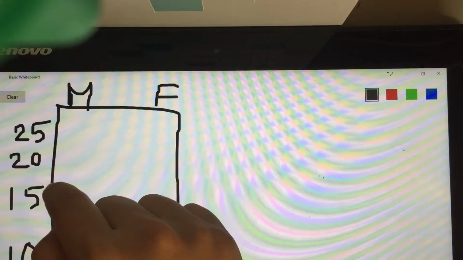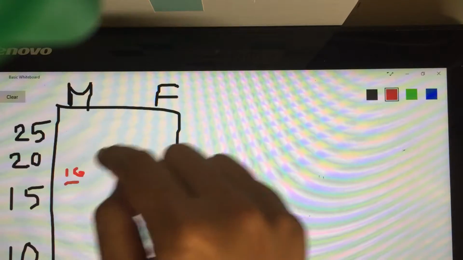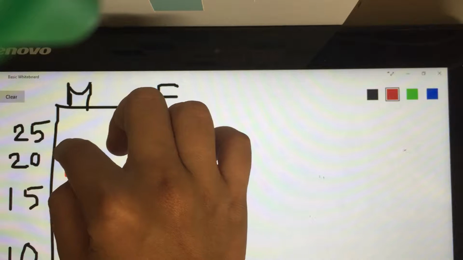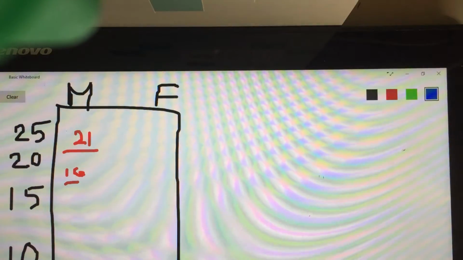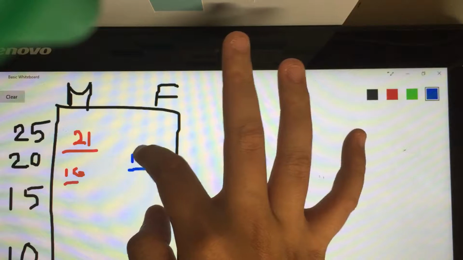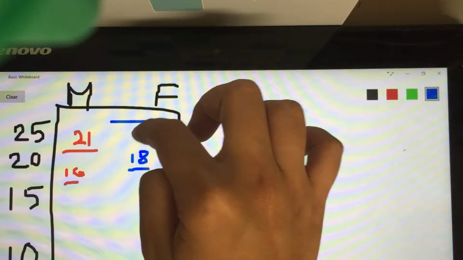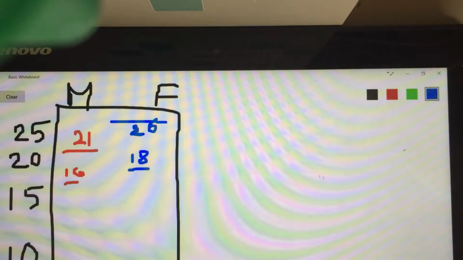So 16 would be, so mom, I would use red, it would be right here, the fragments for 16, and the fragment for 21 would be right here, 21 repeat will be right here. And for dad, he has one chromosome that have 18 repeats, so this one 18, and the other one is 26 right here, 26 fragments right here.